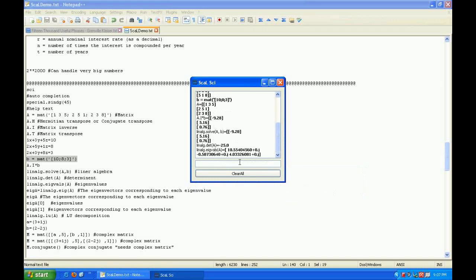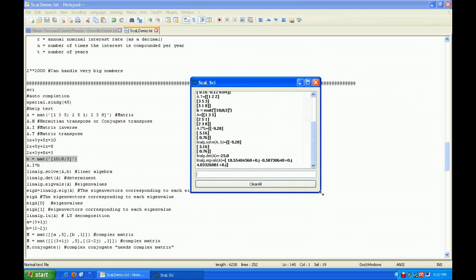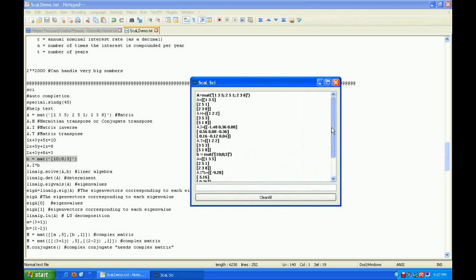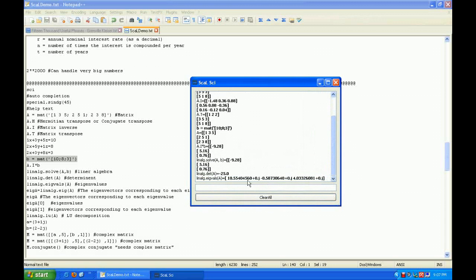These are the eigenvalues. We can resize ScaL. Okay, so here we can scroll up, scroll down, resize. These are the eigenvalues: 3 first, separated by space, then second and third.